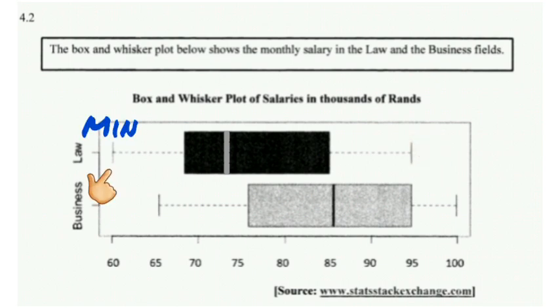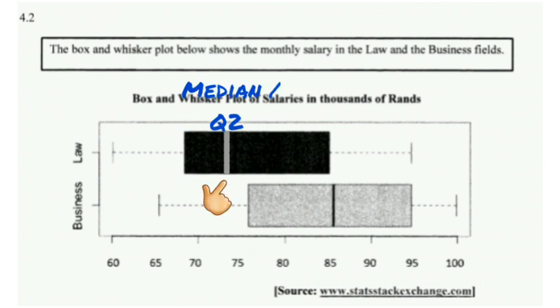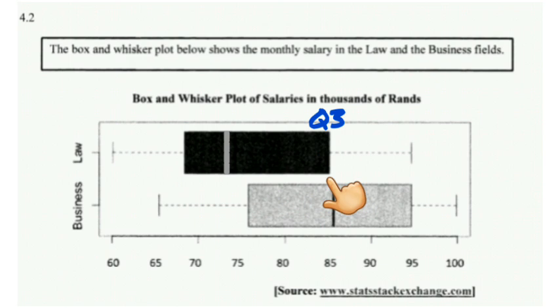The first line that you're seeing there shows you the minimum, then the first top of your box gives you the lower quartile, then the line in the middle gives you the median or the Q2, which is our intermediate quartile, and then the last part of your box gives you your upper quartile, which is your Q3, and then the last part of your box and whisker gives you your maximum.